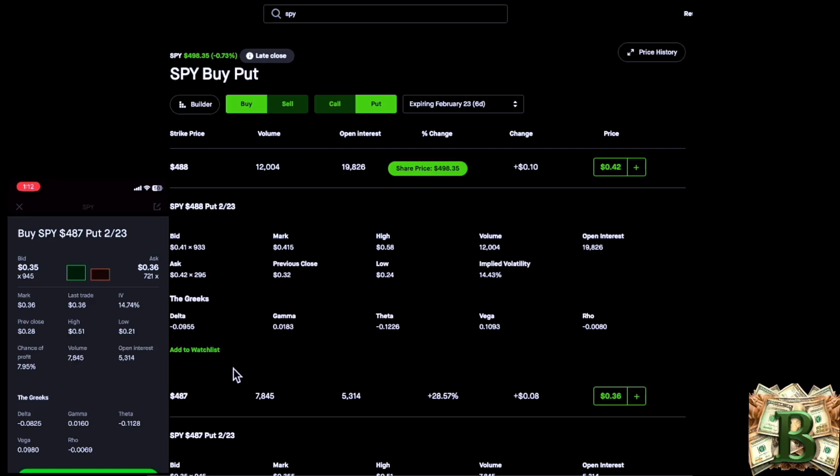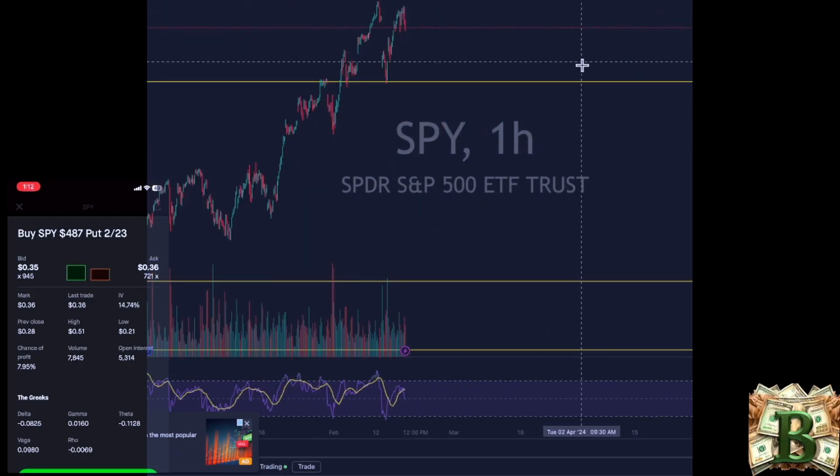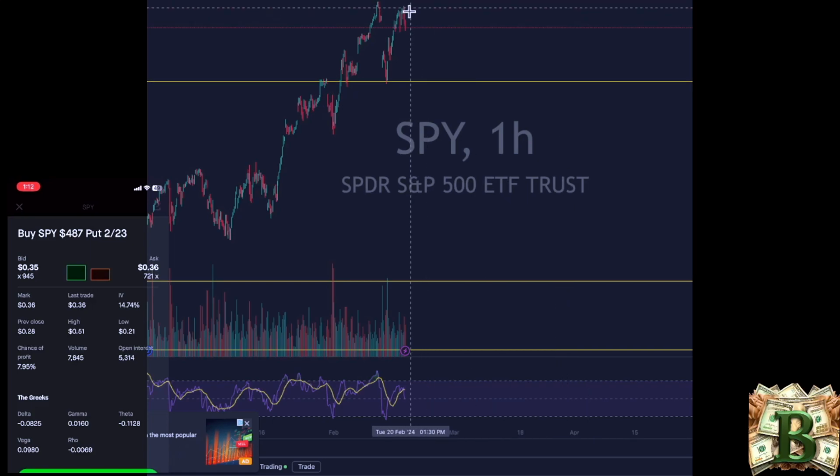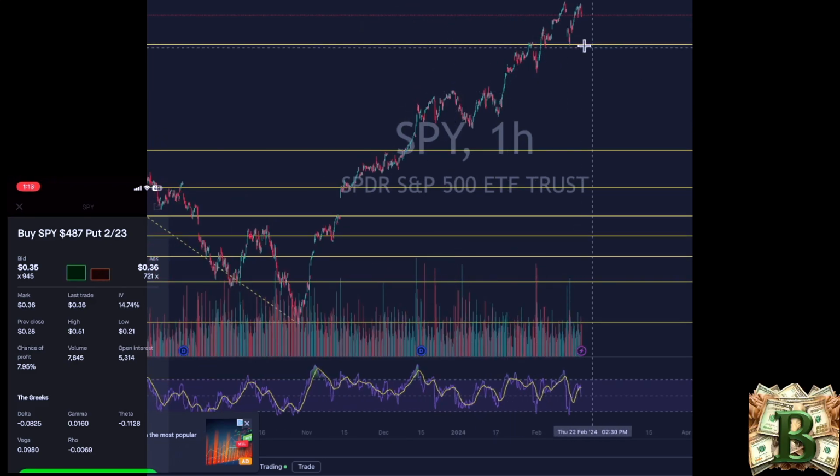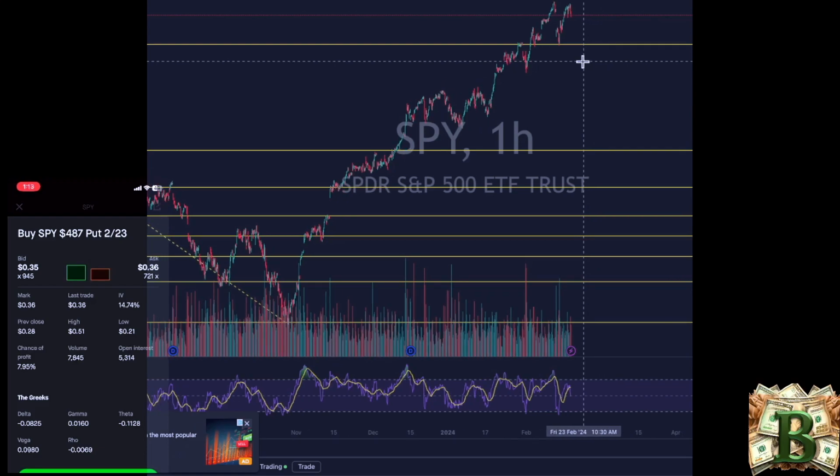So let's just say, because Monday the markets are closed for President's Day, that on Tuesday when the market opens, 487 is going to be right about here, and SPY is trading up here. So it's got a ways to go, and it's definitely got some pretty heavy support right here at about 490-ish.